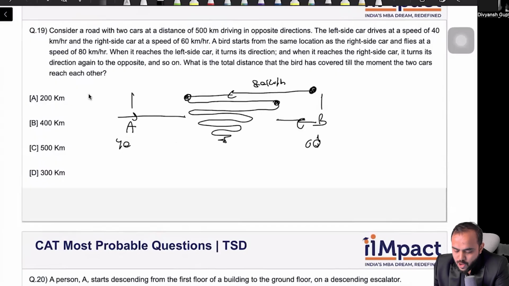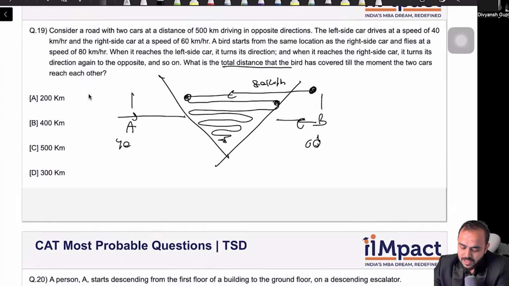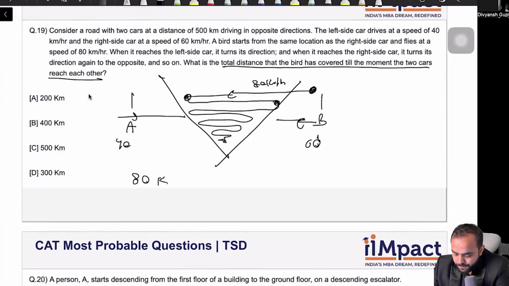Now we don't really have to get into all of this, because what they are asking us is total distance that the bird has covered till the moment the two cars reach each other. Because the bird speed has not changed, the total distance that the bird will travel will be the constant speed, which is 80 kilometer per hour, into the duration.